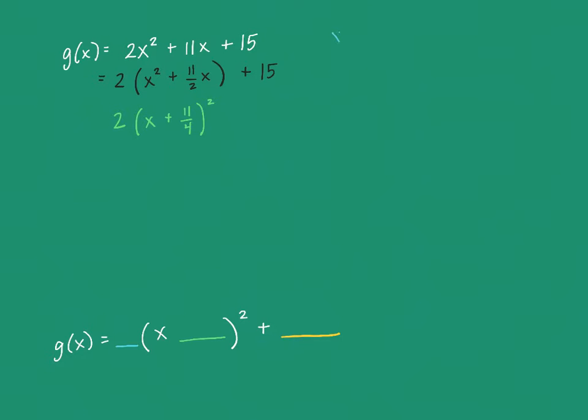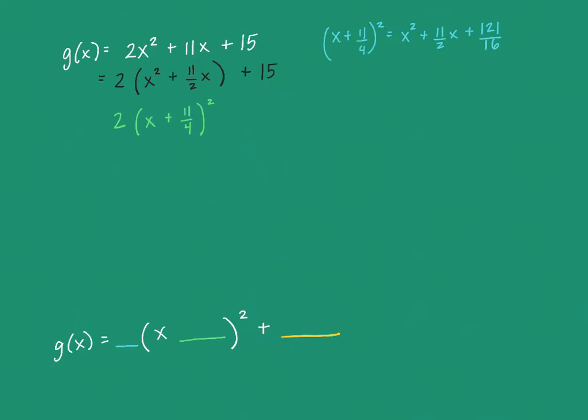So if I did x plus 11 over 4 squared, that's going to be x squared plus 11 halves x plus, and now we're doing 11 over 4 times 11 over 4, which is 121 over 16. So that's actually what this is equal to.